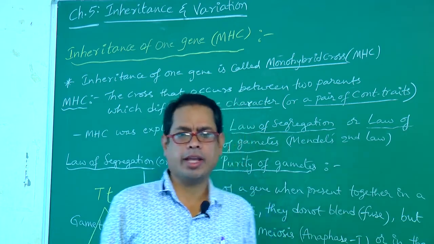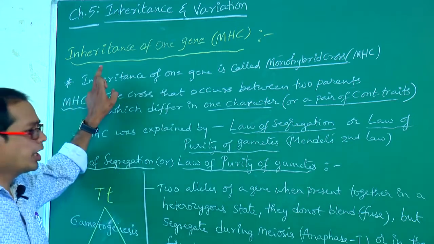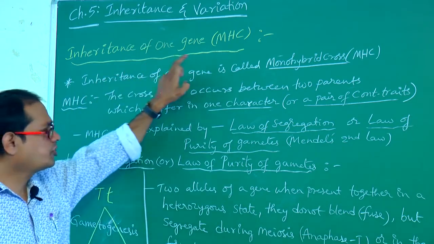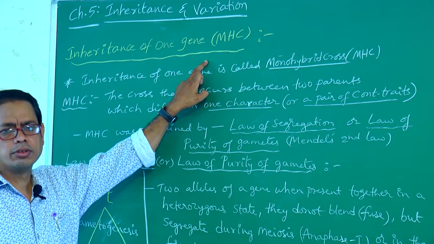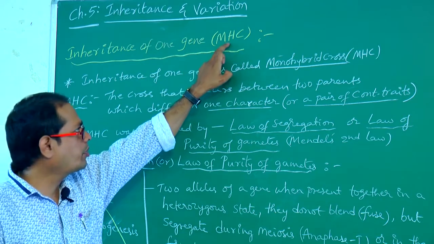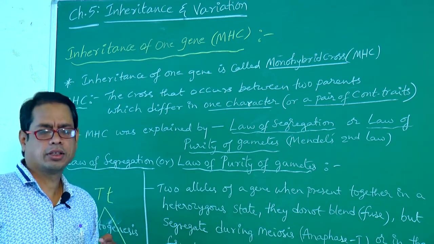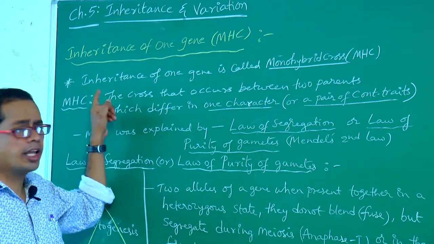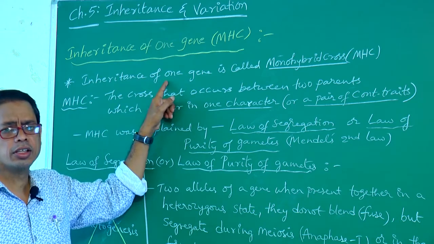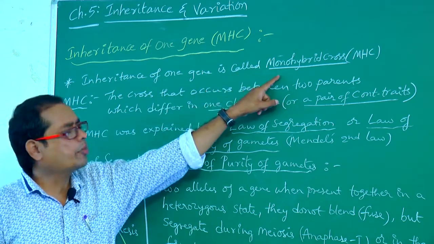Now, I am going to explain inheritance of one gene. That is nothing but monohybrid cross. Mono means 1. That is, inheritance of one gene is called monohybrid cross.